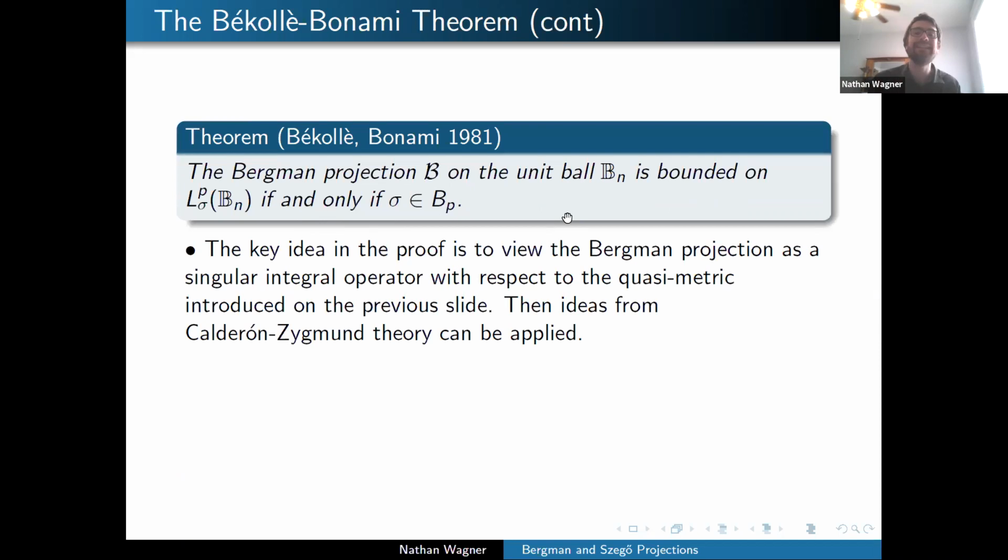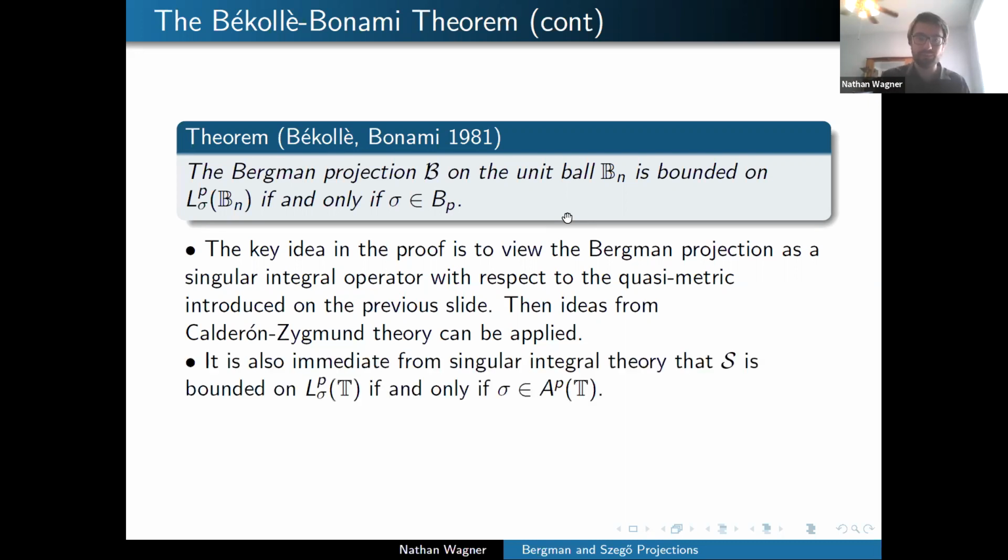And again, the key idea in the proof is to view the Bergman projection as a singular integral operator with respect to the quasi-metric introduced on the previous slide. So they prove that it fulfills that definition that I presented before, and then you can apply ideas from Calderón-Zygmund theory.